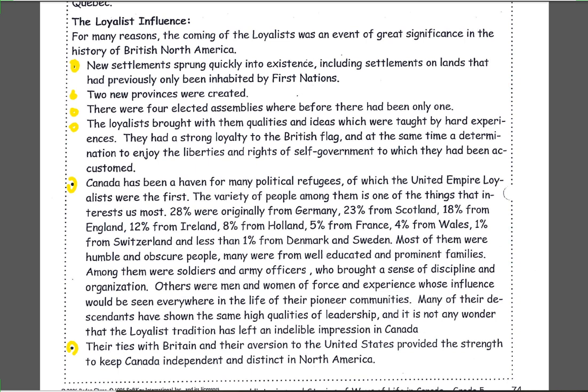But because they were so strongly influenced by Britain, and they wanted to keep ties with Britain, they did not join the United States and be a part of America within North America. So, very important stuff. That is all the highlighting notes we're going to do today.